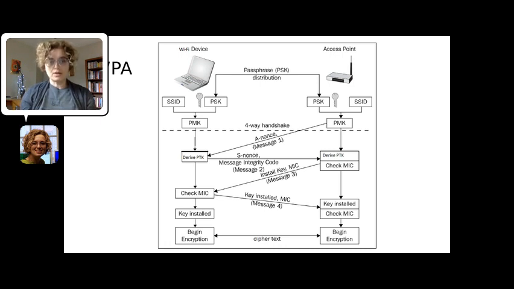So the strengths of WPA over WEP are that there's no static encryption key. Obviously, there's what you may have heard of as TKIP, temporal key integrity protocol, where the key is changed in each packet, so no key reuse.